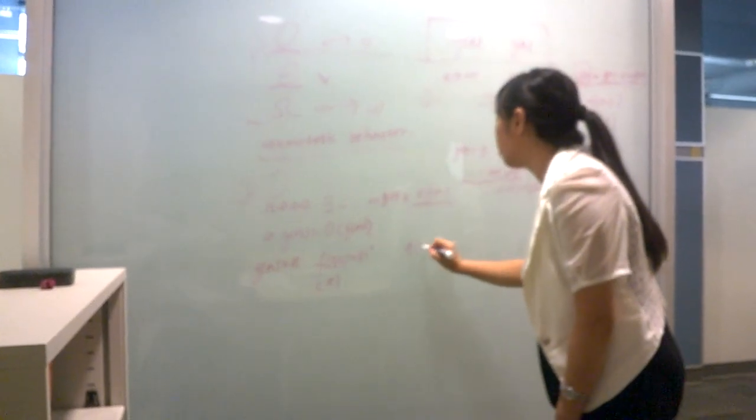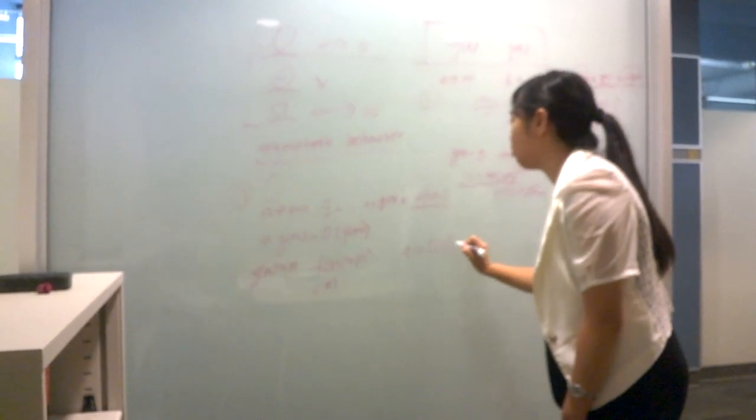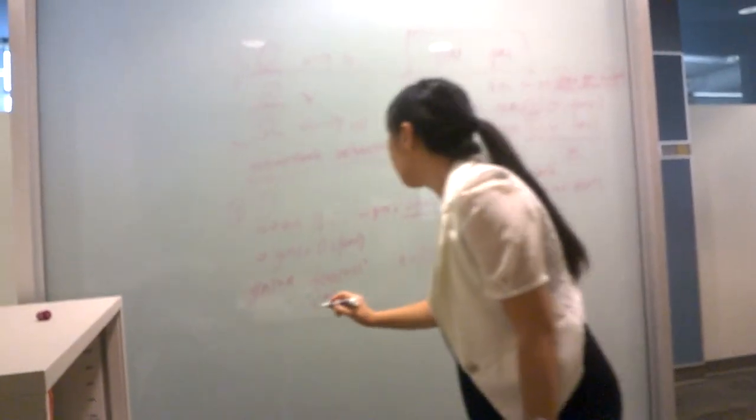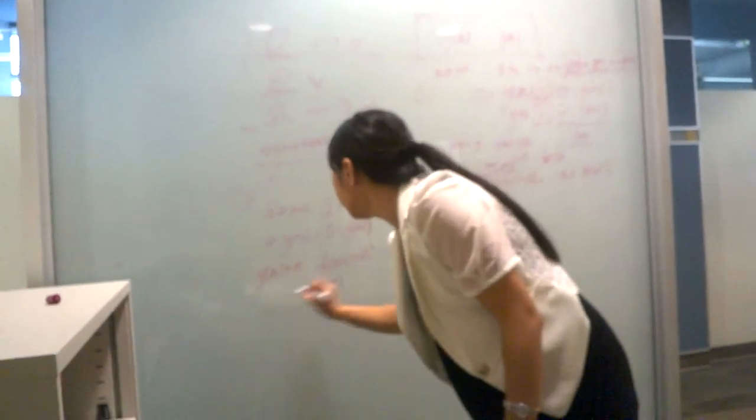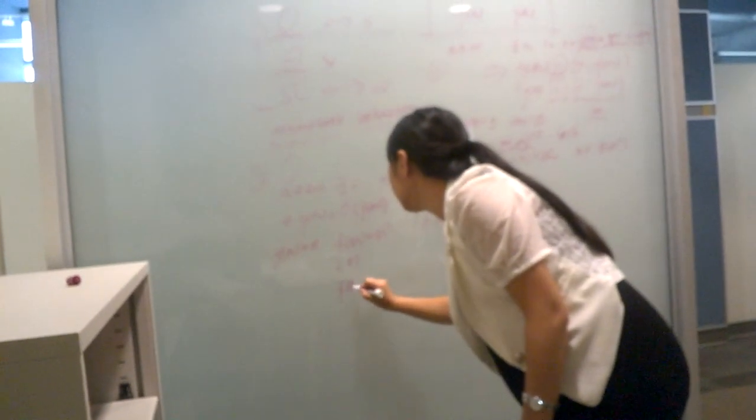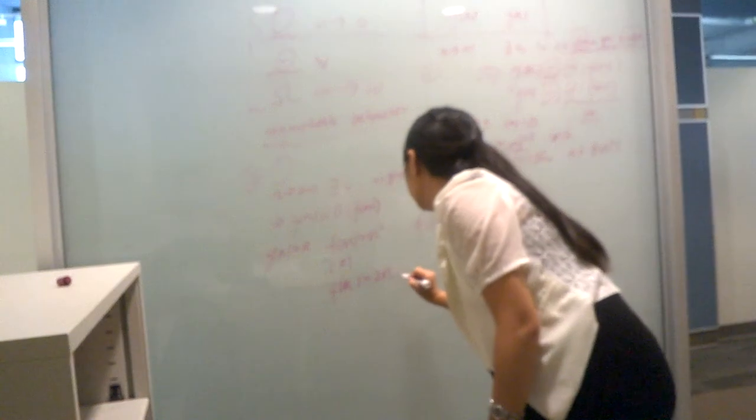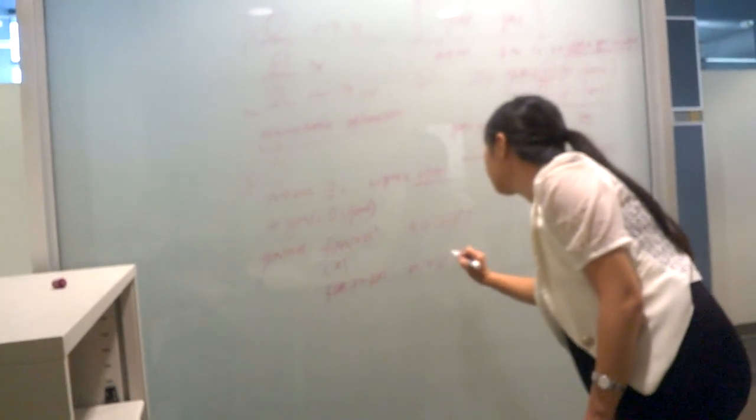So we can write it like this: n equals big O of n squared. But when f(n) is also 2n, can you see if this works?